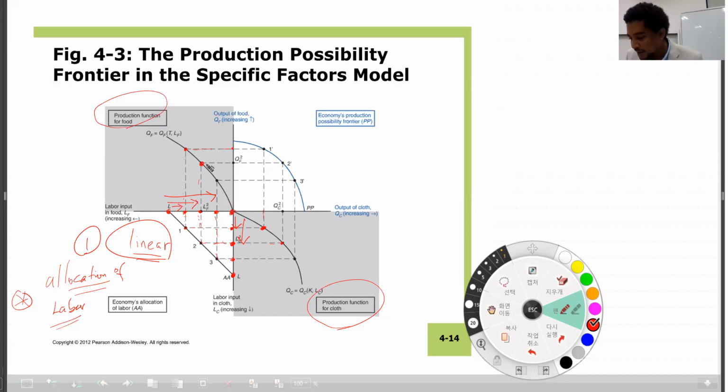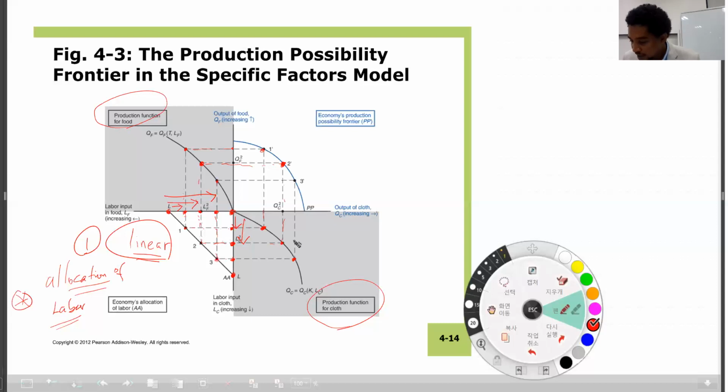When you take this further to this point here, this will be the quantity of food and clothes that a country can produce. Again, going further to point 3, where you have this much labor for food and this much labor for clothes, you will have this amount of food produced and this amount of clothes produced.